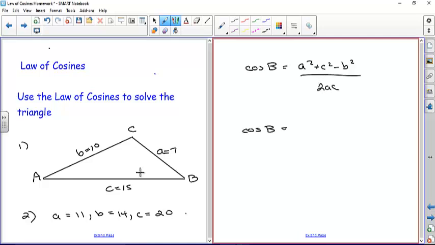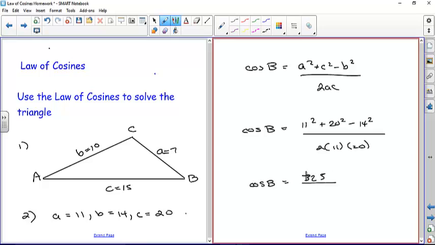A is 11, C is 20, so you get 11 squared plus 20 squared minus 14 squared, which is 325, and 2 times 11 times 20 is 440. 325 divided by 440 is 0.739.